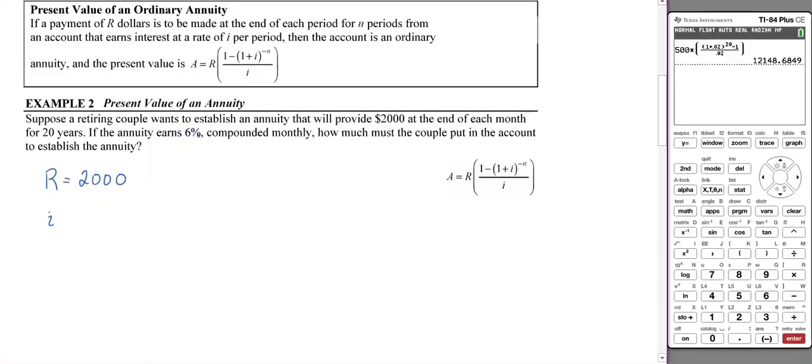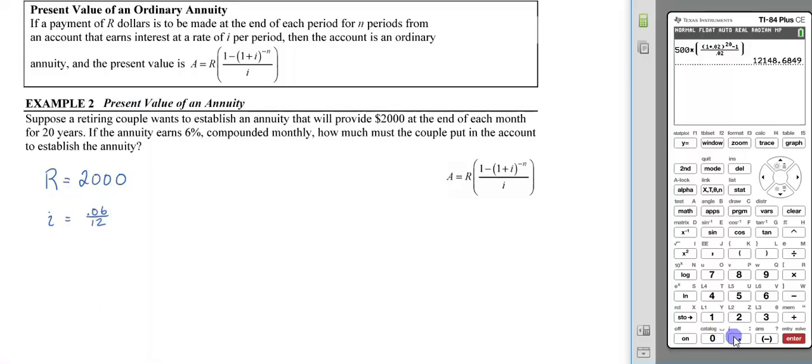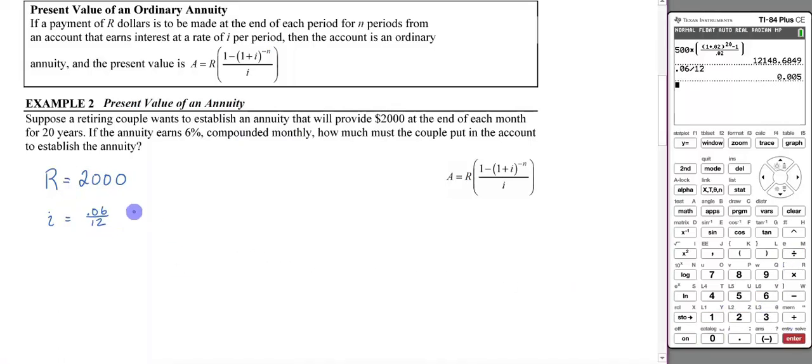So we have 6%, which is monthly. So we're going to take 0.06 and divide it by, sorry, divide it by 12. And so we get 0.005.